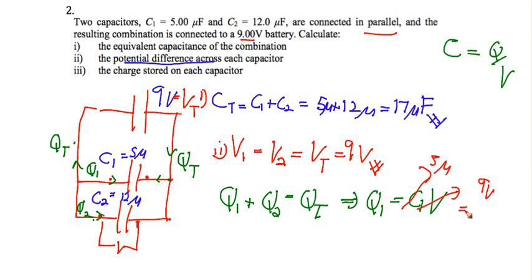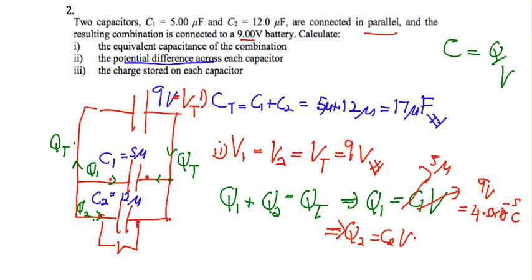So this is equal to 4.5 times 10 to the minus 5 coulomb.